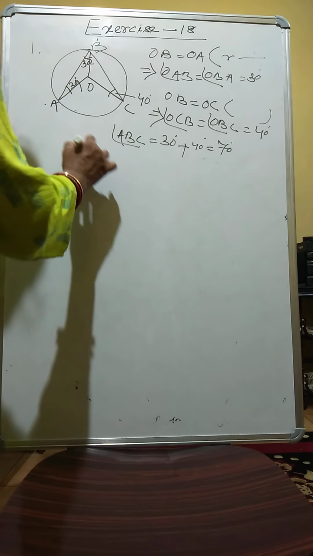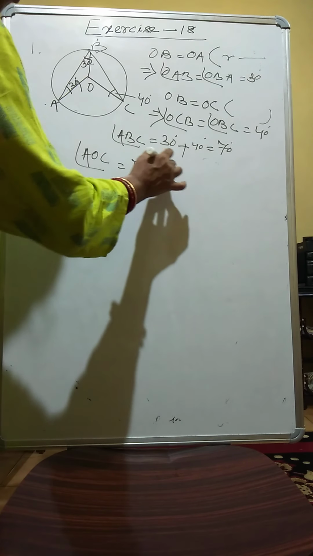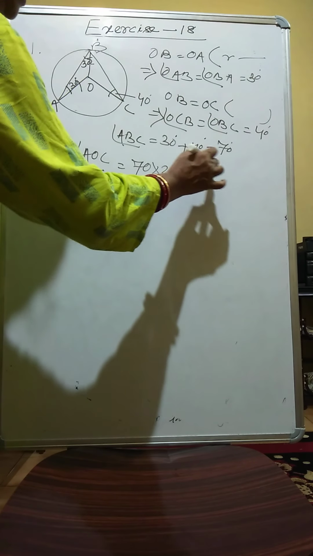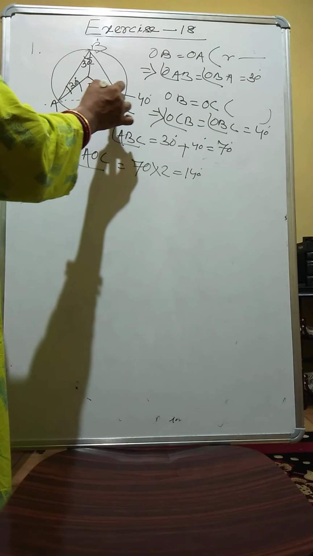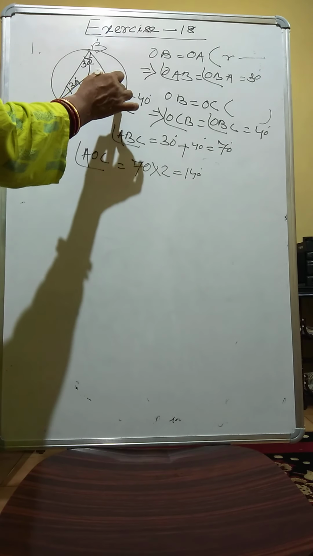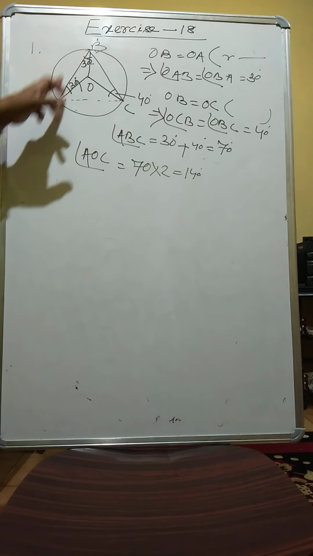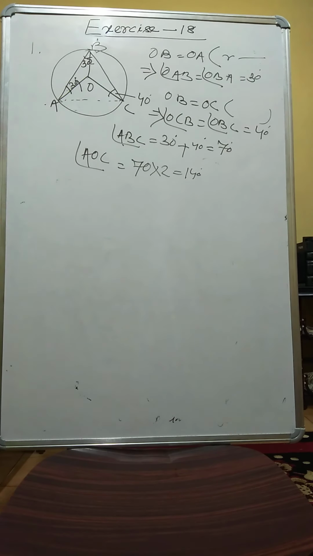Now children, I can write AOC angle is equal to 70 into 2, 140 degree. Why children? I'll write, you imagine it, if I join this, this is a center angle, this is a circumference angle. I told you the angle subtended at the center is double the circumference angle. Hence I'll write 2 into 70, 140.